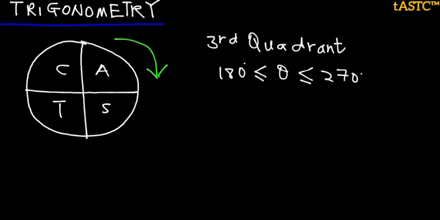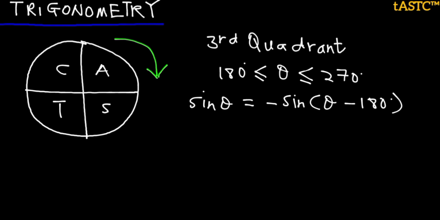Now, as you can see from here, there is only tangent giving us the positive. So sine here is obviously going to give us a negative. So how can we change the angles which are here from this form into their acute form? So here we should have it as a sine theta minus 180 degrees. That is how to change it.